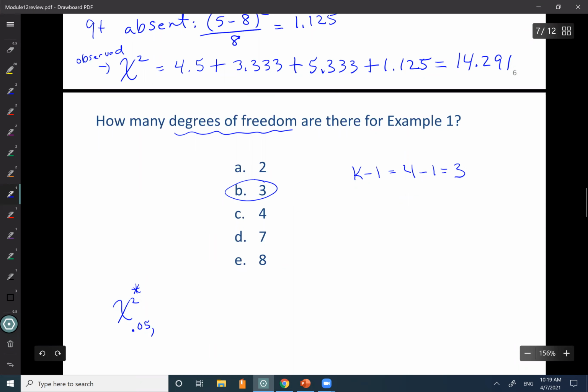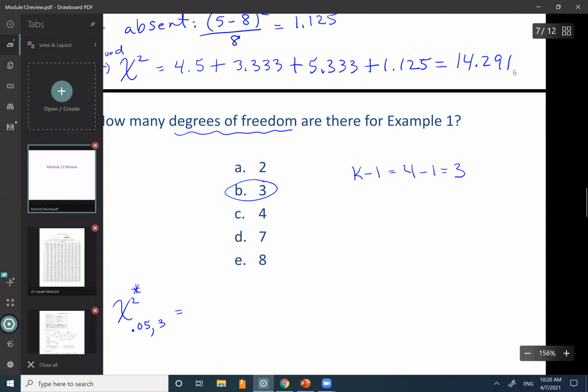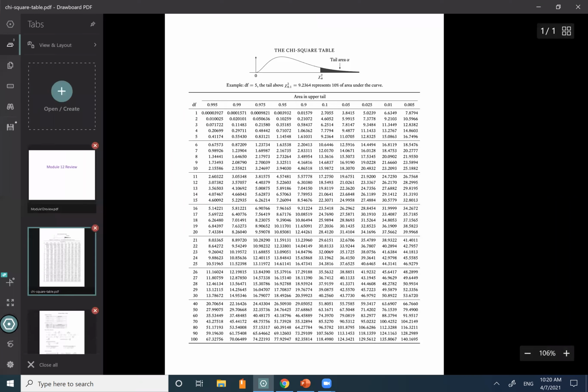I'm going to use 0.05. Alpha equals 0.05 because it's what we use almost all the time, unless something's not given, then you use alpha 0.05 or you use what's been given, but we'll go with 0.05. These tests, generally speaking, use alpha 0.05, and we want 3 degrees of freedom. So let's find that, and we'll compare it to what we calculated.